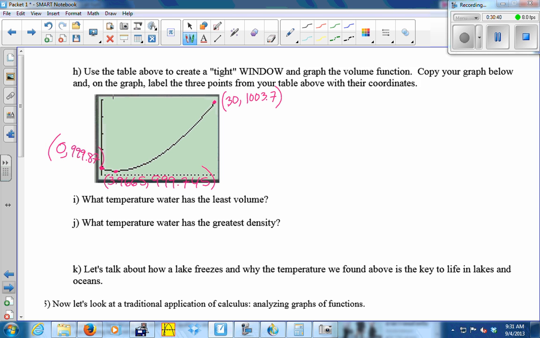Okay. So what temperature water has the least volume? That is, what temperature water takes up the least space? Water that is 3.9665 degrees takes up the least amount of space.